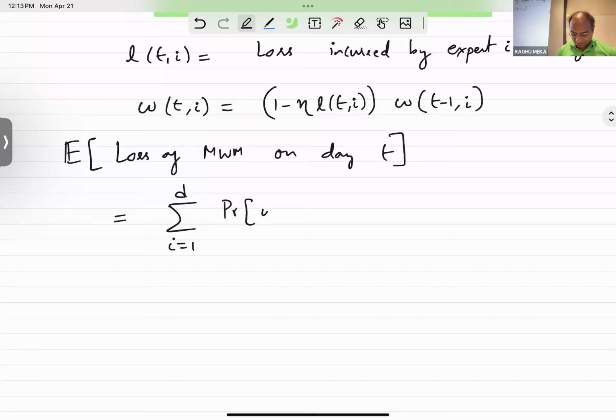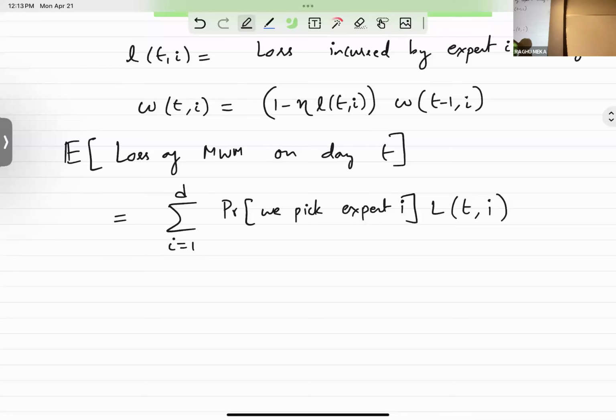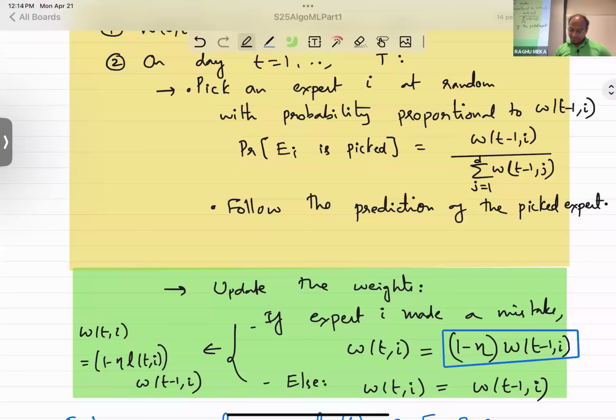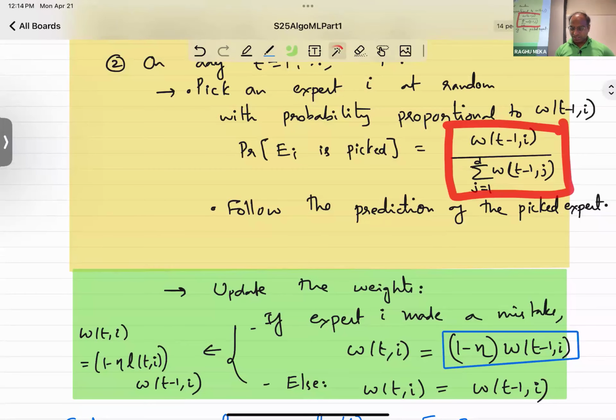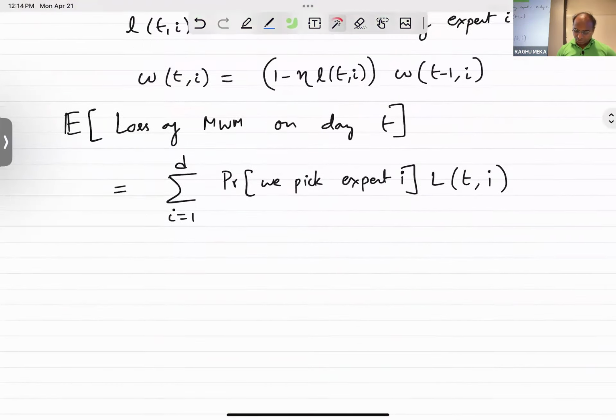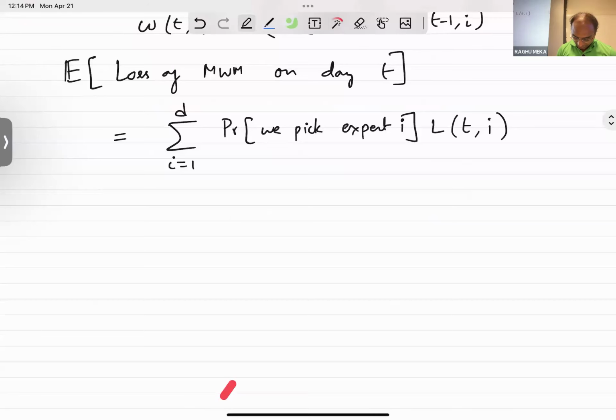What's the chance that we pick expert 1, times the loss incurred by that expert, and so on. So there's a certain probability of picking the ith expert, and once we pick that expert it incurs some loss. Our expected loss will just be the product of these things. And the probabilities come from this precise form. They're proportional to the weights. So we just plug that in.